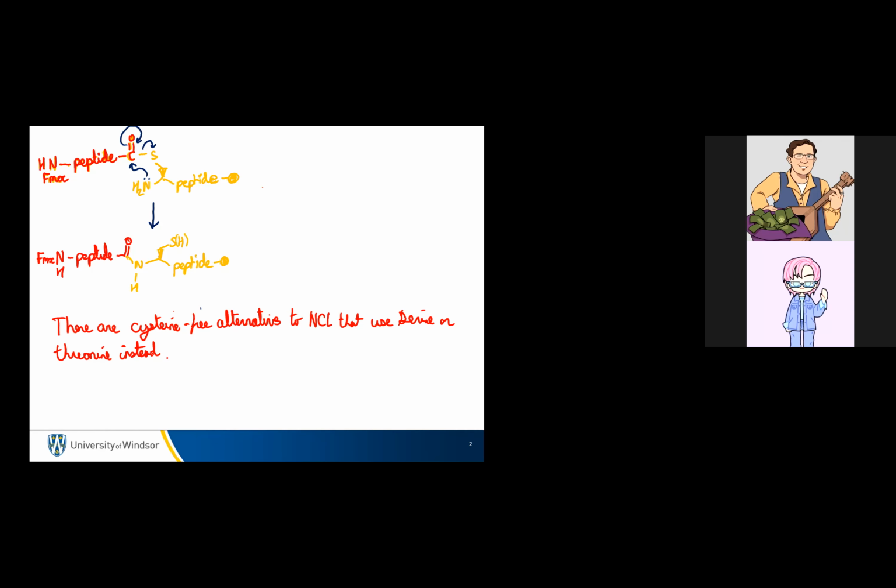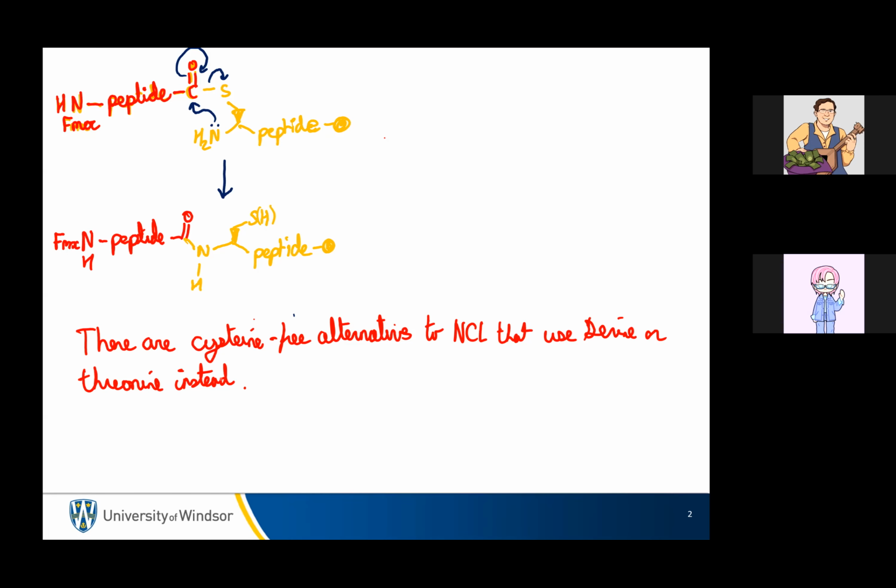There are also lots of new additions and modifications to the native chemical ligation to make it a little bit more robust and a little bit more selective. Again, we could spend weeks discussing it. I don't think there's a lot of point. If you're ever involved in trying to figure out how to stick two peptides together, after this class I'm going to drop in some papers on bioconjugation.